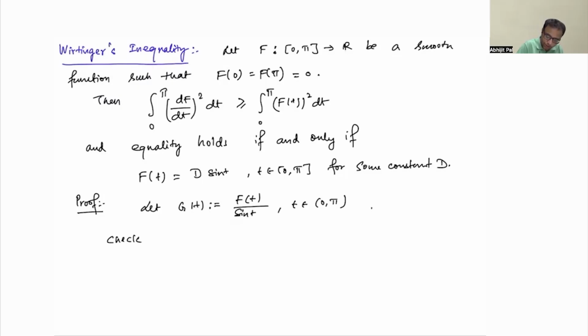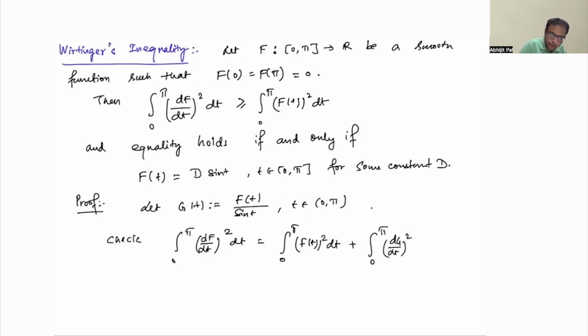So using that, you can check that the integral from 0 to pi of (df/dt) whole square dt is equal to the integral from 0 to pi of f(t) square dt plus the integral from 0 to pi of (dg/dt) whole square sine square t dt.